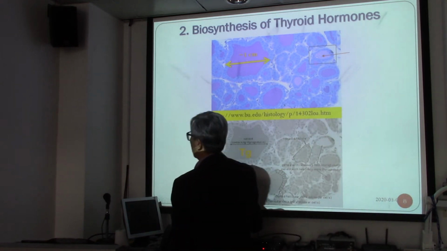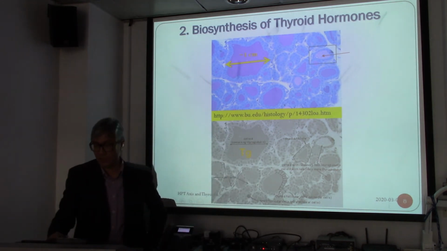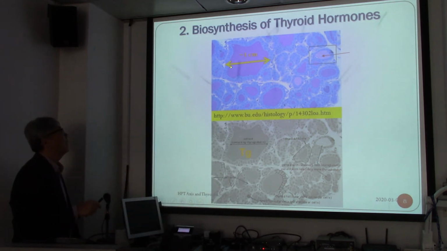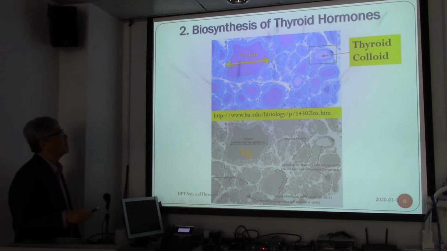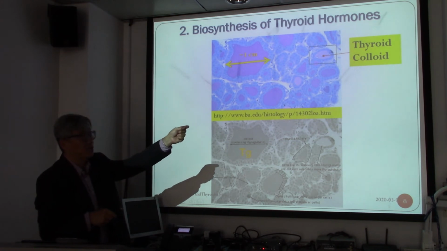When you do a cross section, you will find a lot of interesting structures. Some of them are very huge. This is like a colloid. We call them colloid. So that's what we call the thyroid colloid. You can see this is a big cavity. Sometimes it could be as big as 1 centimeter, close to a fingertip size.